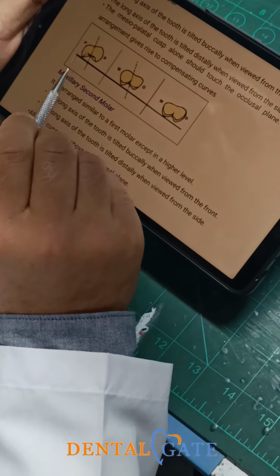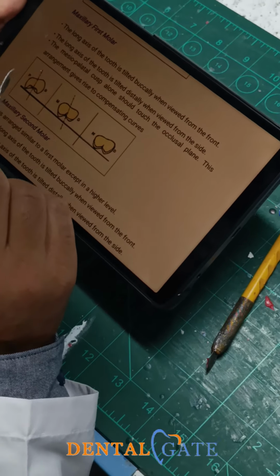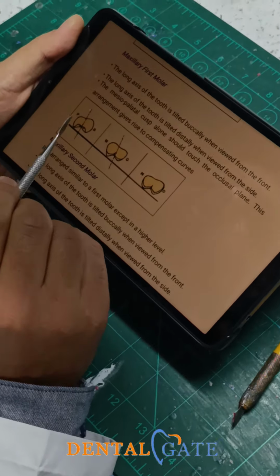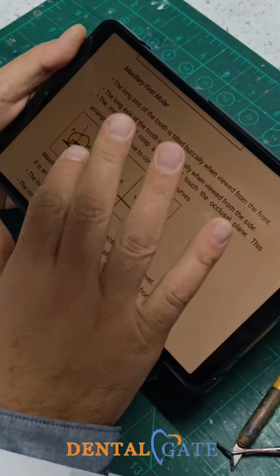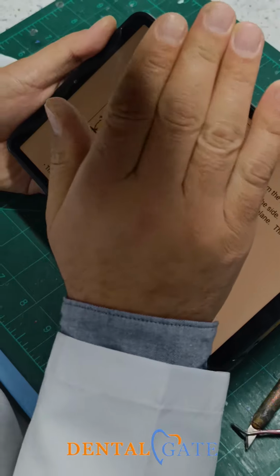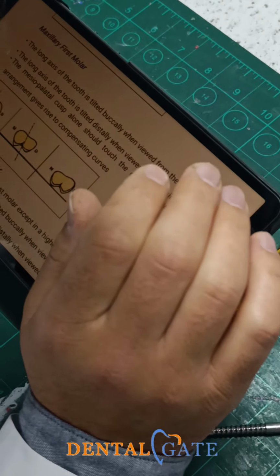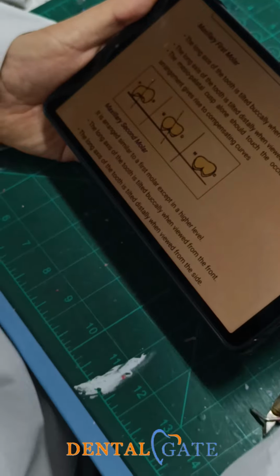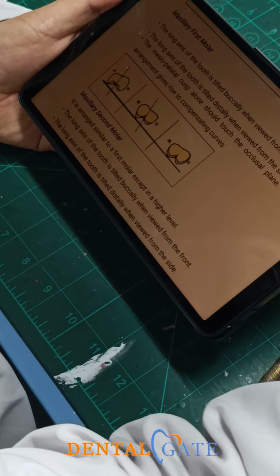Only the functional cusp will touch the table. Okay? So that means we have two curves now: the curve toward the maxillary tuberosity, and the other one toward the buccal. We will establish two curves here.